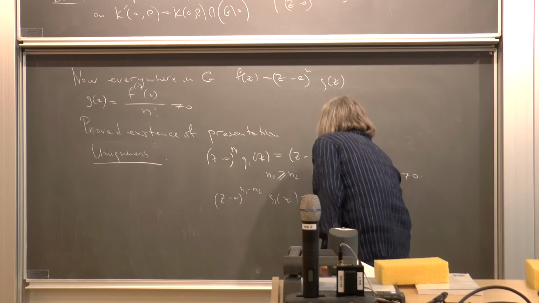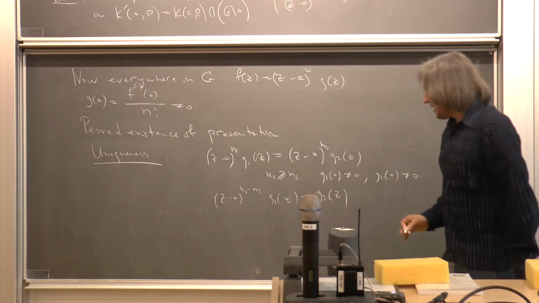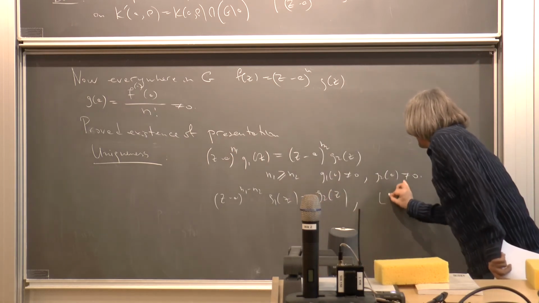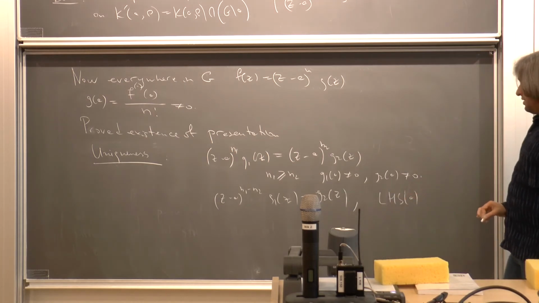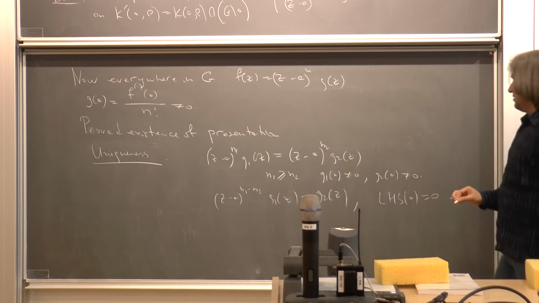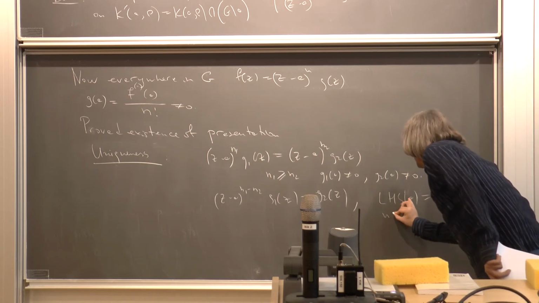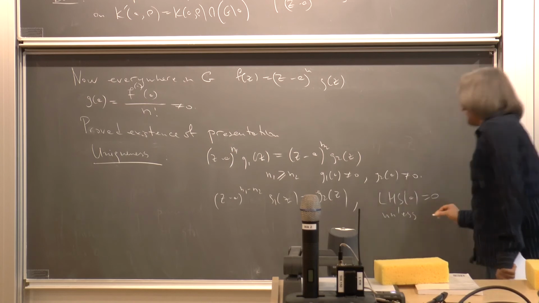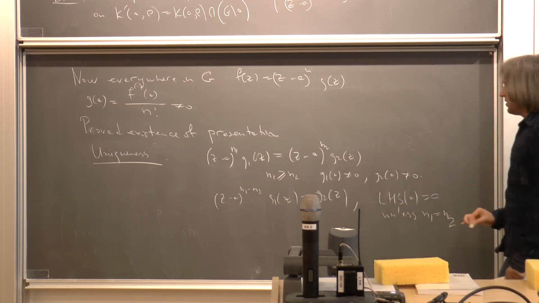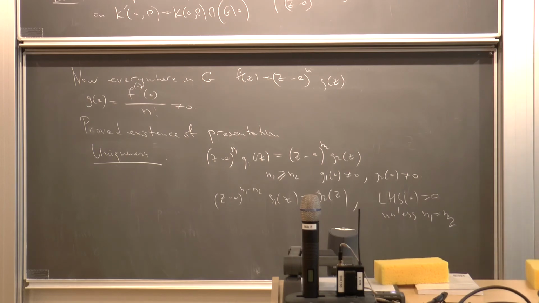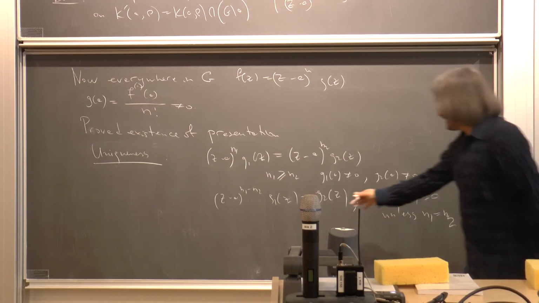And now we evaluate at a. The left hand side at a is 0 unless n1 equals n2. So n1 must be equal to n2, because the right hand side is not 0.